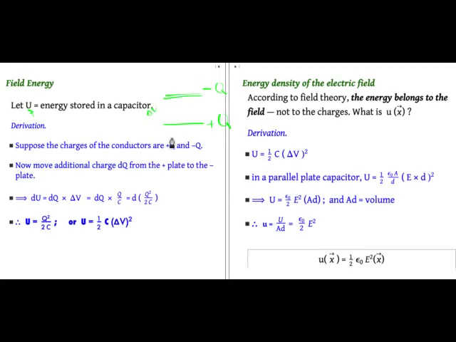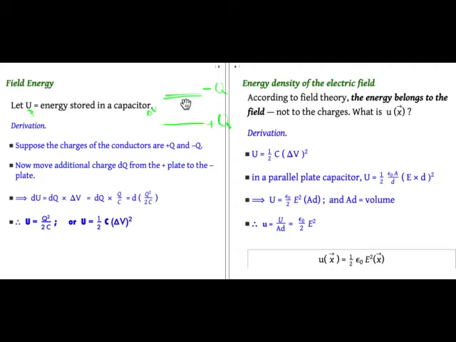The electric field points from the positive plate to the negative plate. The electric field is the rate of decrease of the potential. So the negative plate will be the low potential. The positive plate will be the high potential. The electric field points from high potential to low potential.